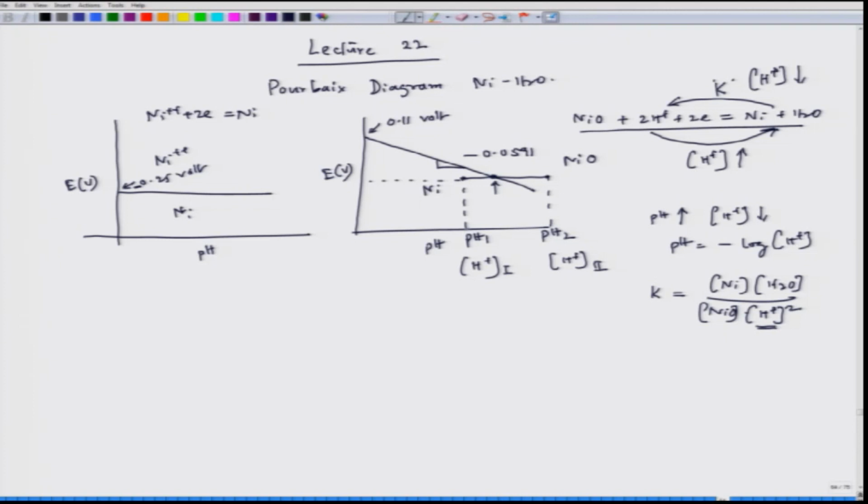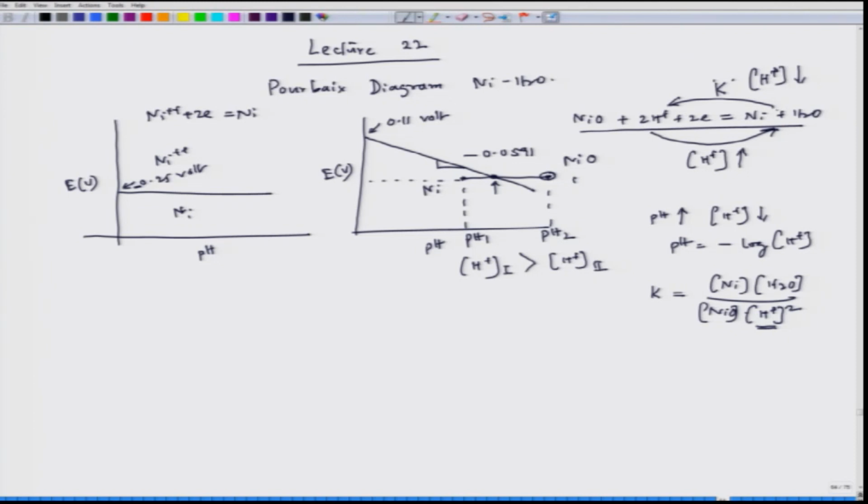So, now if we increase pH, if we go to this point, I am reducing H plus ion concentration. So, if I try to have a relation between these two, this should be this. And now, if I go from this point to this point, because at this point this equilibrium has set up, H plus ion concentration is decreasing.